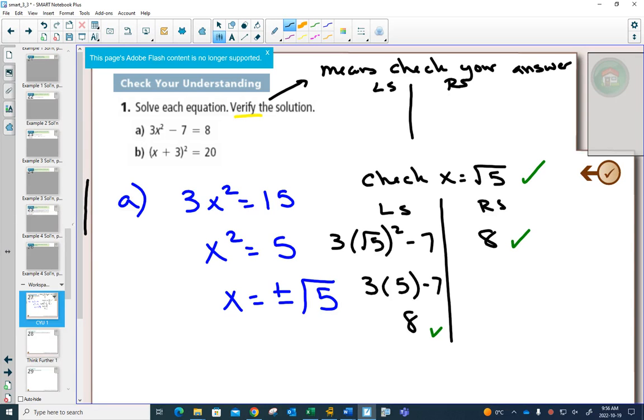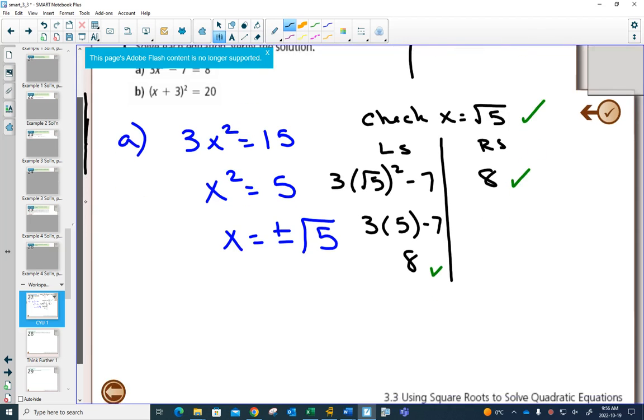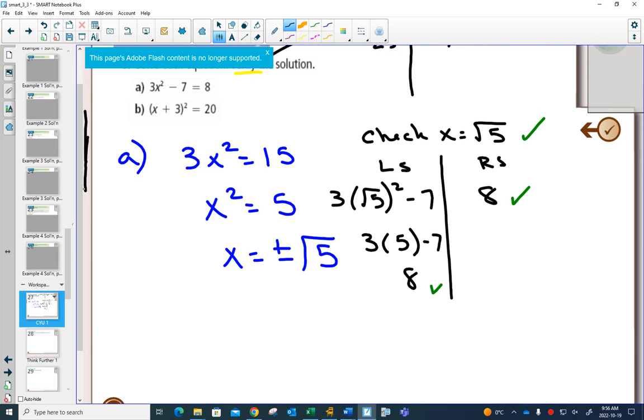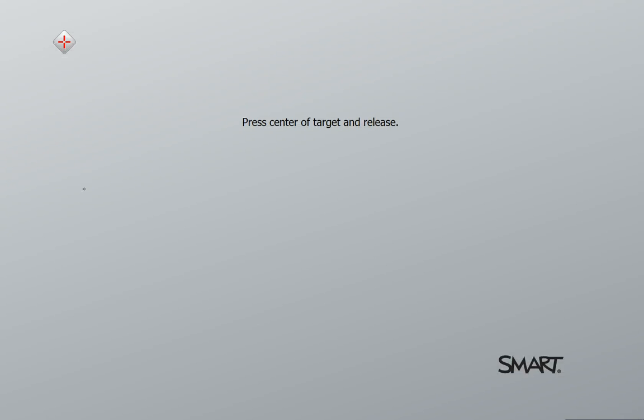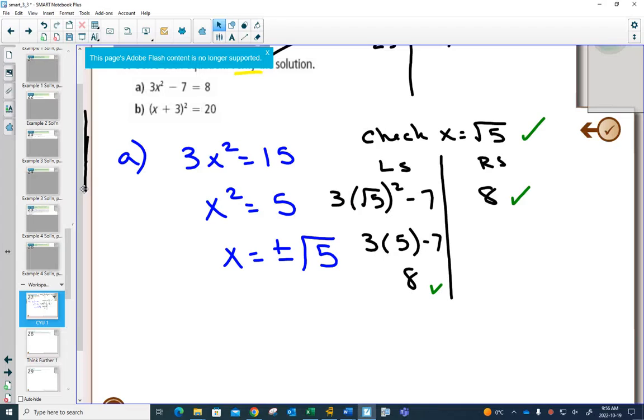I need to verify and check x equals negative square root of 5 as well.